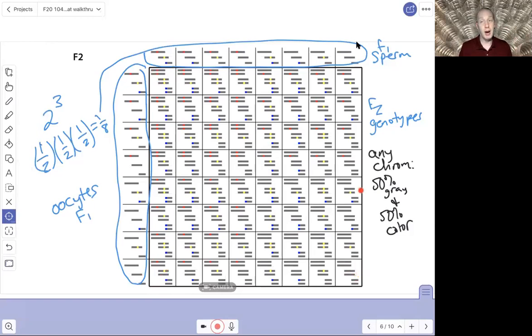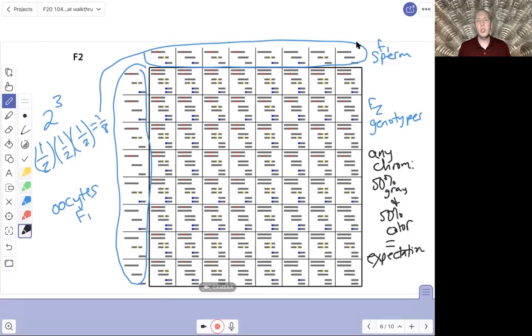So if you bother to take the time to count up all of the different possible combinations of genotypes and count exactly how many times a red square appears in this table, and how many times a gray square appears at the exact same spot, you'll see that they're exactly balanced. Half of them are gray and half of them are red. The same is true for yellow on chromosome 2 and for blue on chromosome 3. This is an important point to make because this establishes our expectation.